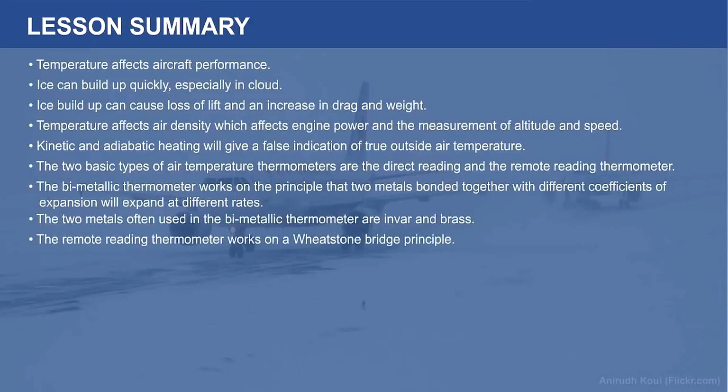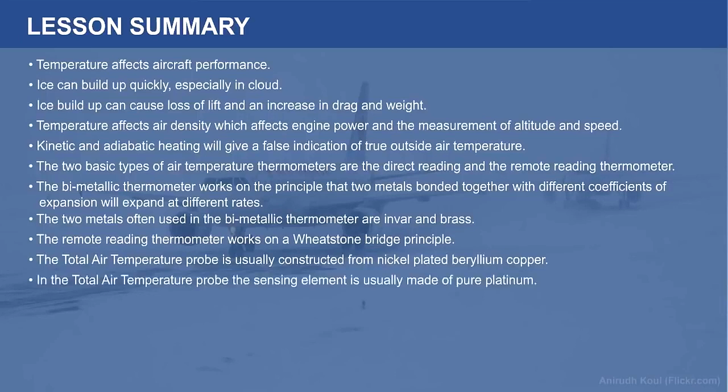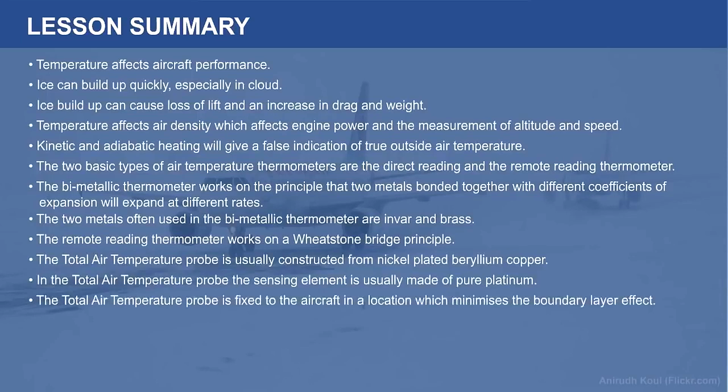The bimetallic thermometer works on the principle of two metals bonded together with different coefficients of expansion will expand at different rates. The two metals often used in the bimetallic thermometer are Invar and brass. The remote reading thermometer works on a Wheatstone bridge principle.